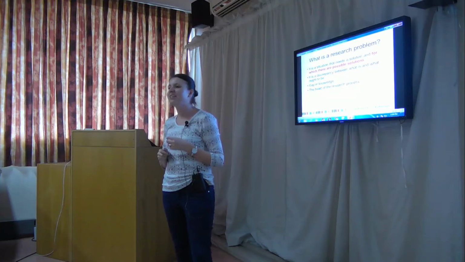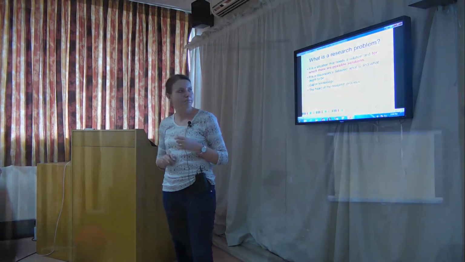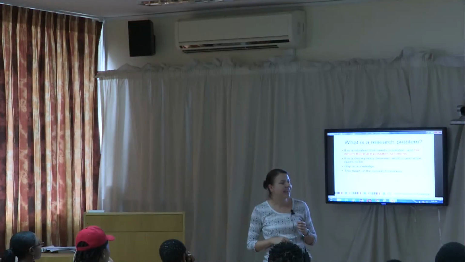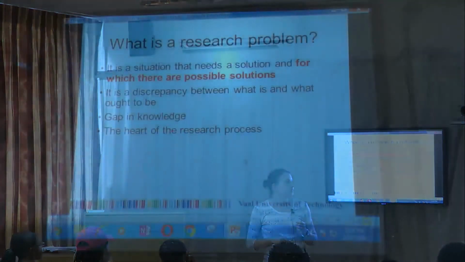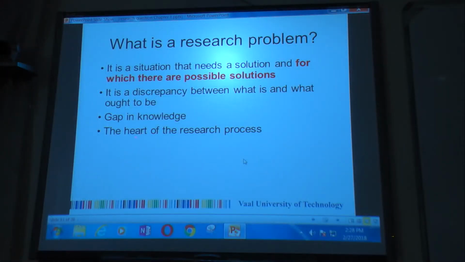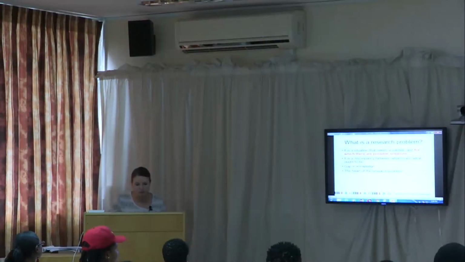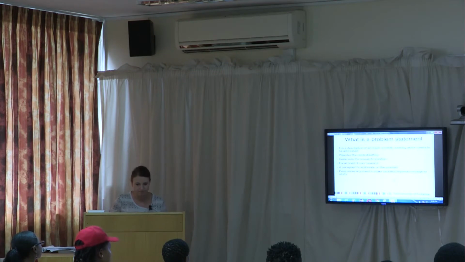And that gap is a problem, okay? So we can say it's a gap in knowledge. And very importantly, as I've said, the research problem is the heart of the research process. We need to have the problem, otherwise we will not be able to come up with a solution. If there's no problem, we can't do the research. So that is the definitions for a research problem.